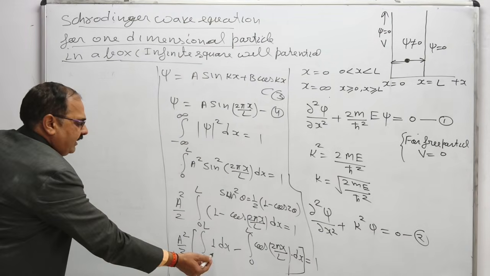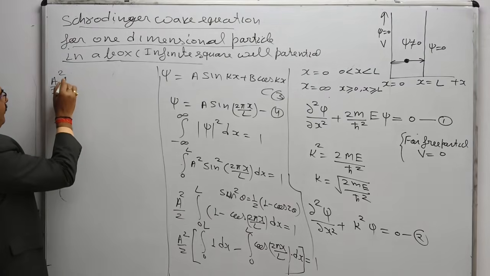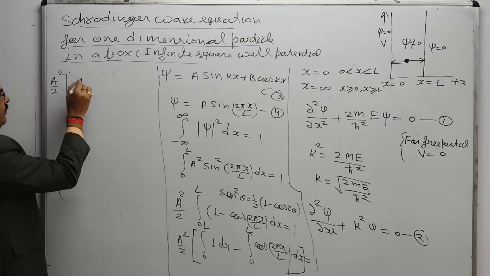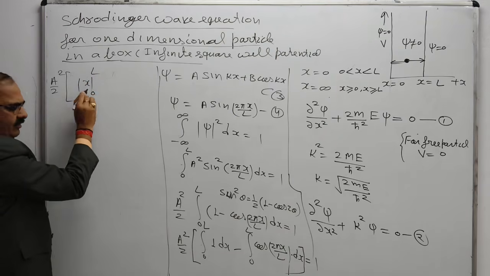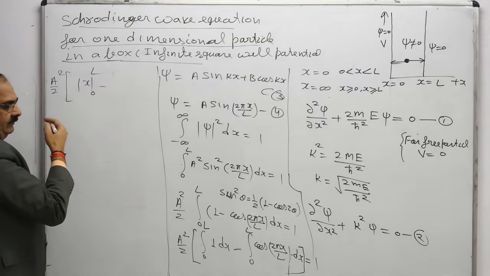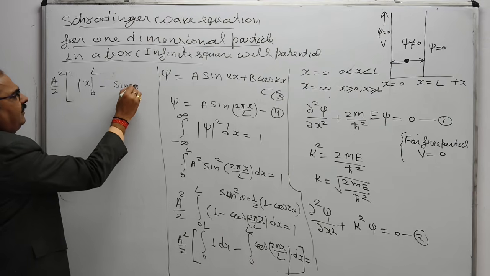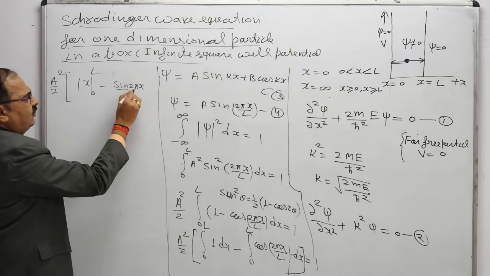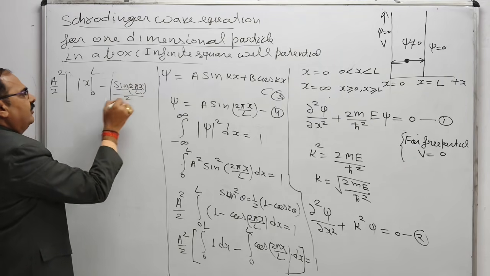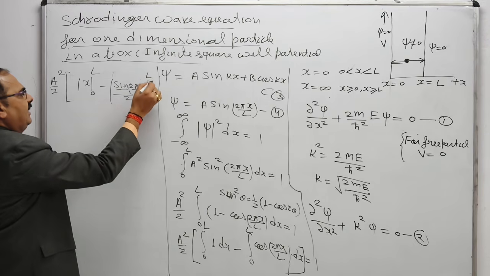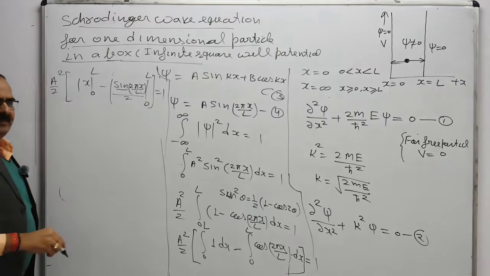Then the integration gives A square upon 2 times x with limit 0 to L, minus sin 2 pi x upon L upon 2, with limit 0 to L, is equal to 1.